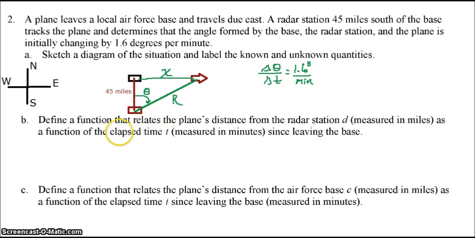Define a function that relates the plane's distance from the radar station D, measured in miles, as a function of the elapsed time t, measured in minutes since leaving the base. So let's call our function f.